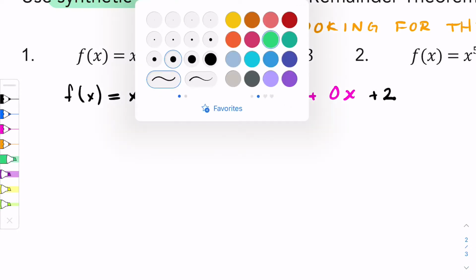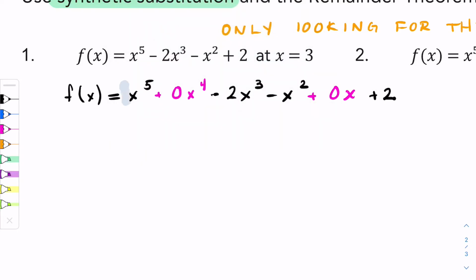Look at all of your coefficients. And what you're evaluating the function at, this is already set equal to 3, or x is already set equal to 3. It is not in the form of a factor, so you do not need to change the sign. You are just going to use the value of 3.